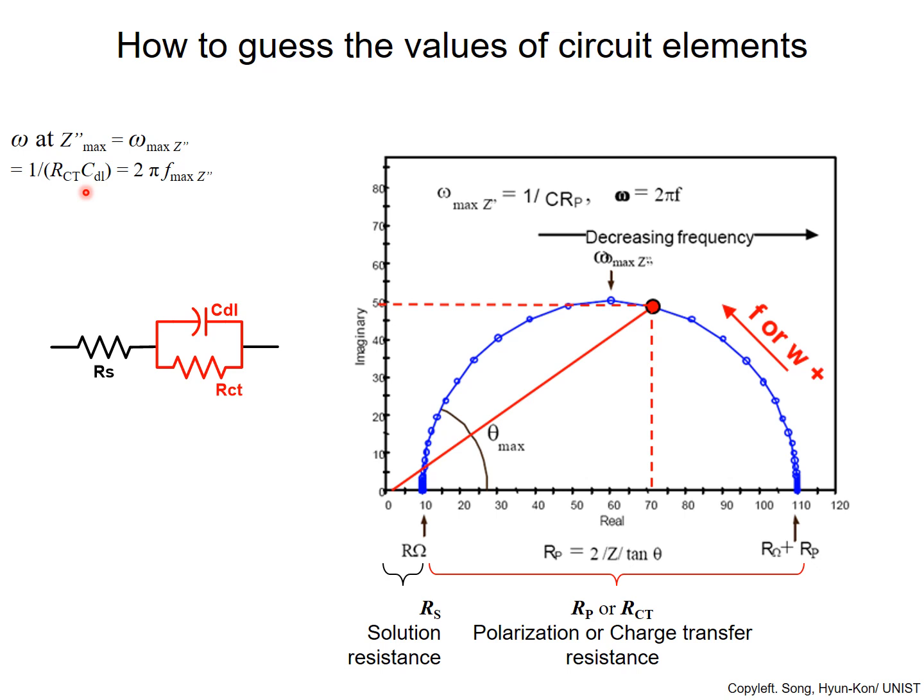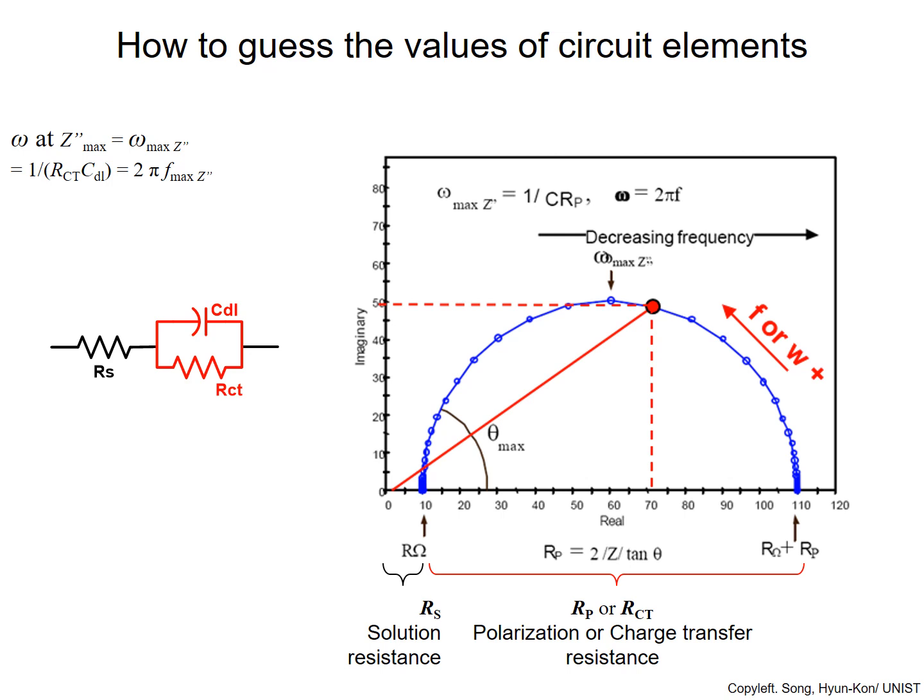It's very simple. Of course, it is not the exact way to evaluate the values of each parameter, RS, CDL, and R charge transfer. However, those values would be the first guess for the exact fitting of experimental data.